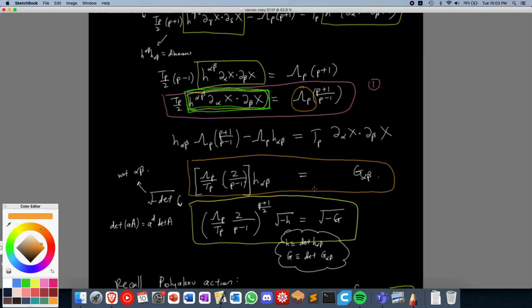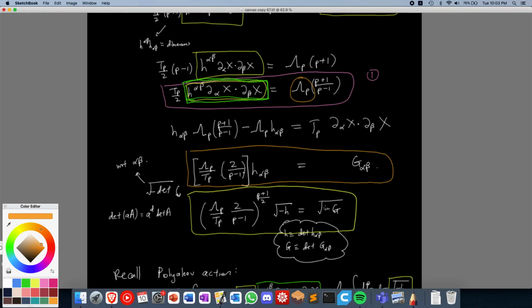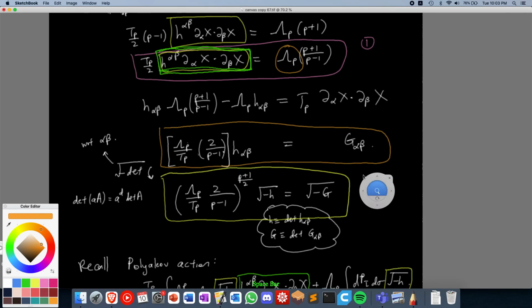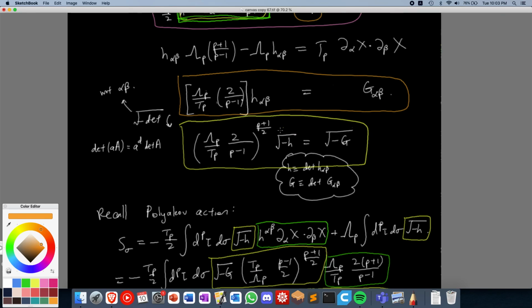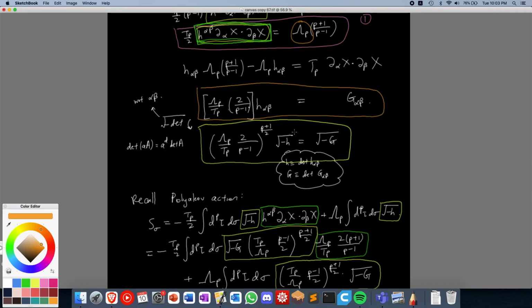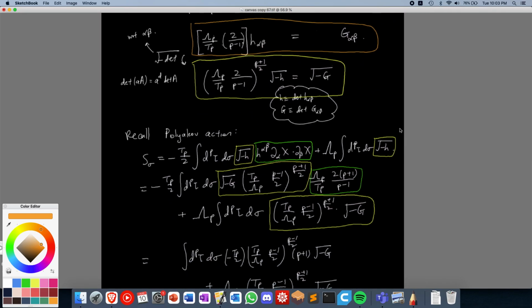Because on the right hand side we have the induced metric, and we know that the Nambu-Goto action involves the induced metric, we can take the determinant, and then substitute this back into the Polyakov action, as well as another term that we got previously.